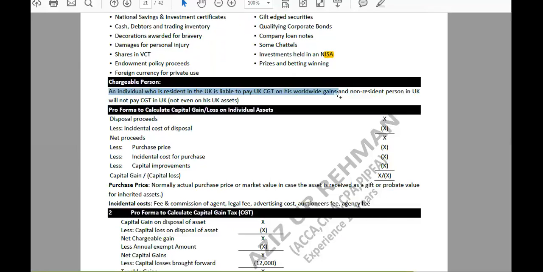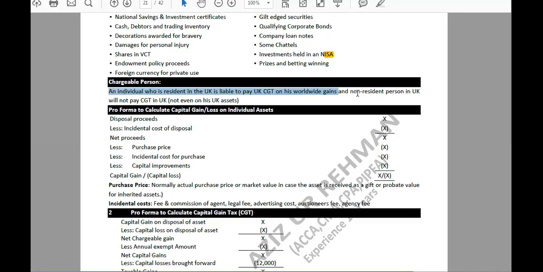So if an individual is UK resident, he has to pay tax on all of the assets, either in the UK or overseas. In both cases, a UK resident person has to pay tax on all of the assets.